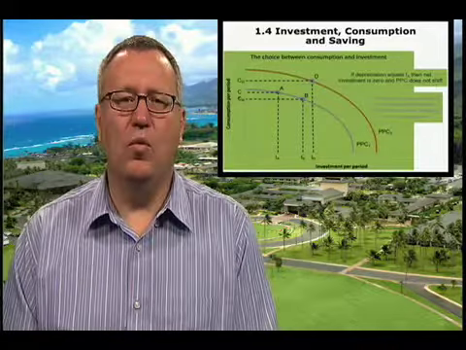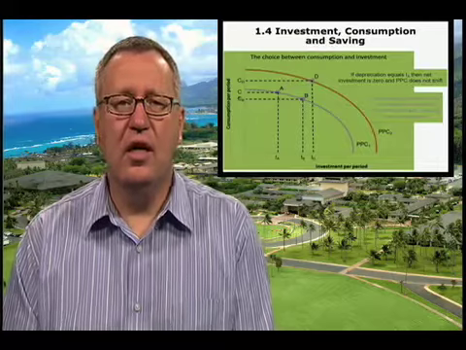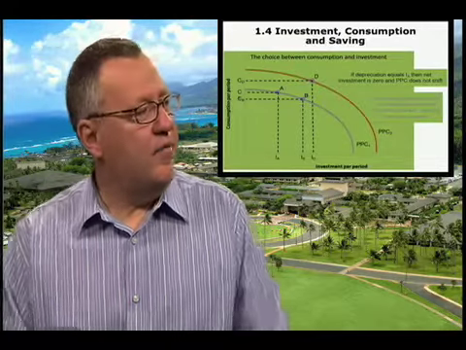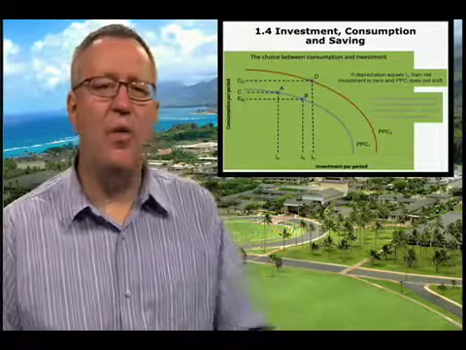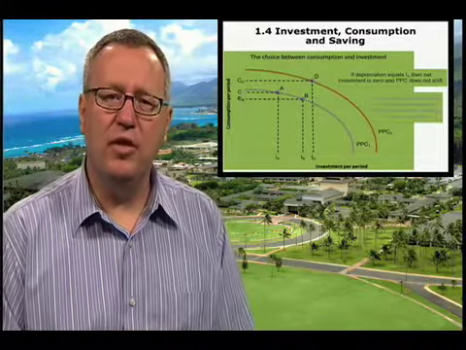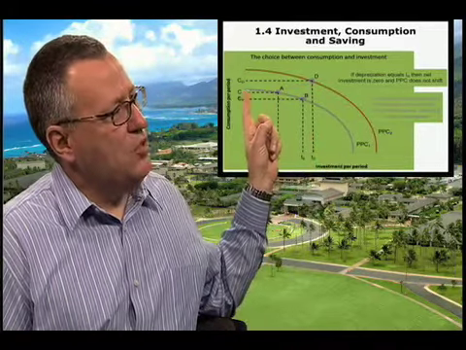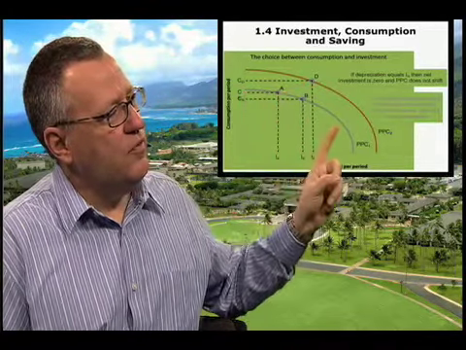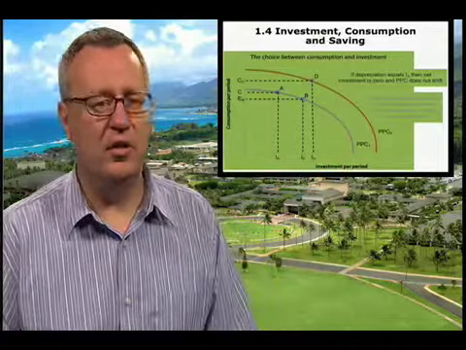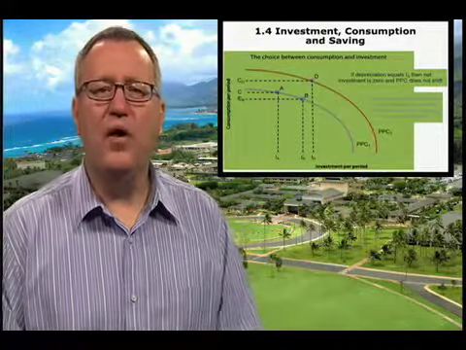Let's talk about something that Warren Buffett would be really anxious for all students in the university to understand. If you were to consider how we arrive at investment numbers, we can use the production possibilities curve to get us there. Here we have a situation where let's just assume that this first and inner production possibilities curve, labeled PPC3, is where we are.